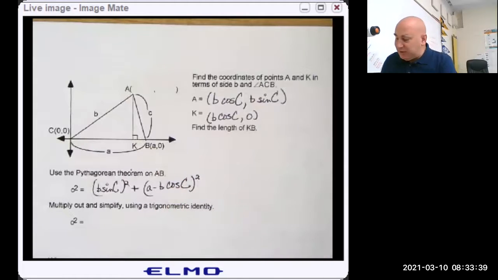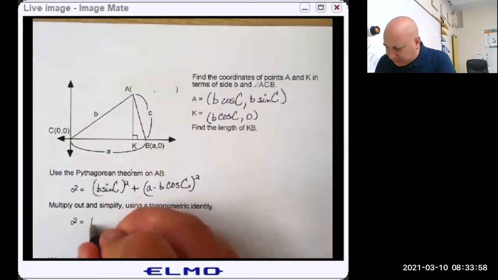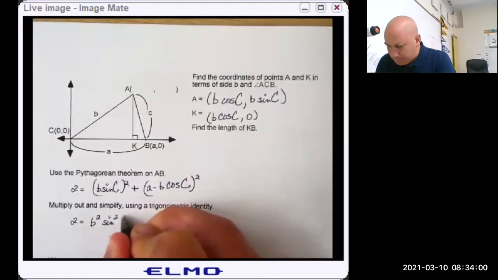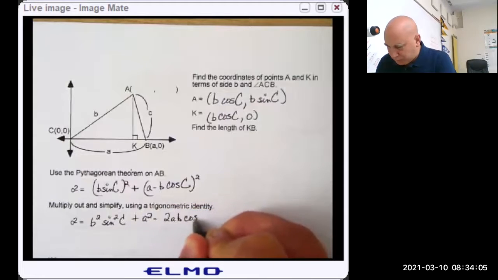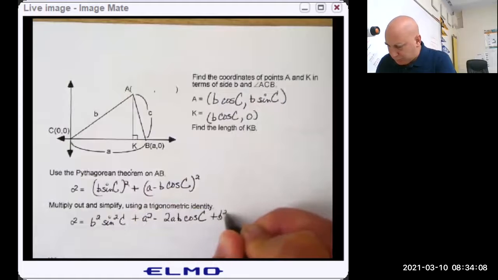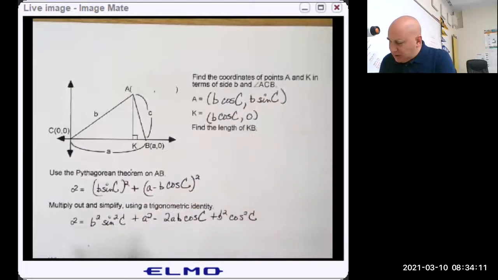Now, if that's confusing you a bit, go back and check on the previous page. And if you just put in the numbers that we had on the previous page, this all matches. So we can square everything, multiply it out, combine like terms. Now, sine squared C plus cosine squared C times b squared.